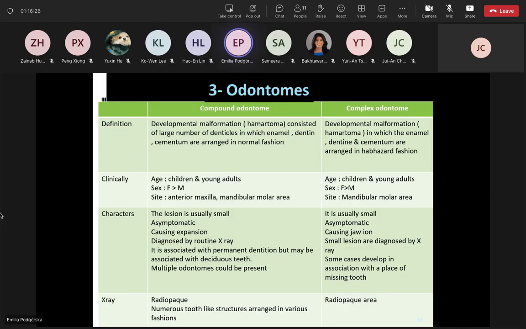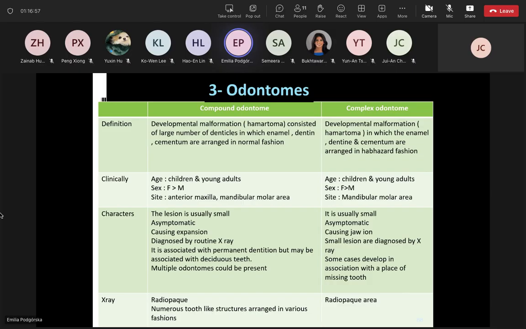Odontomas: compound odontoma is a developmental malformation, a hamartoma consisting of a large number of denticles in which enamel, dentin and cementum are arranged in a normal fashion. Age: children and young adults, more female than male, anterior maxilla and mandibular molar area.